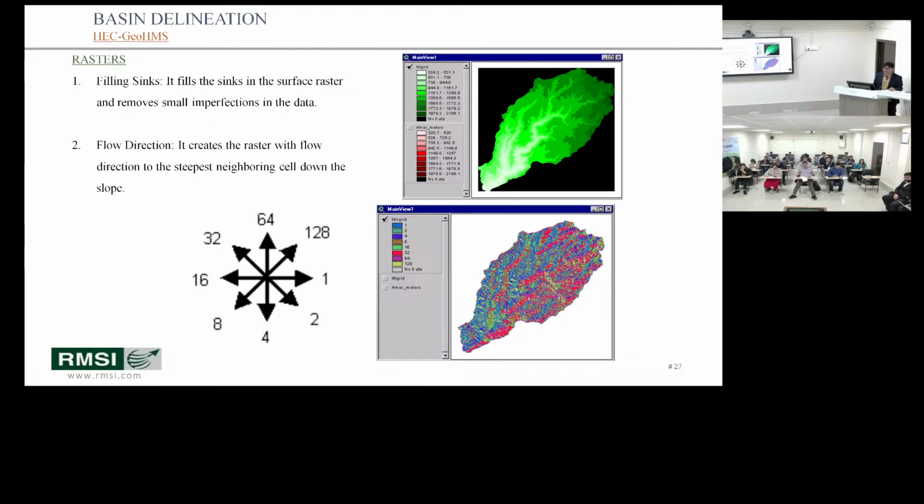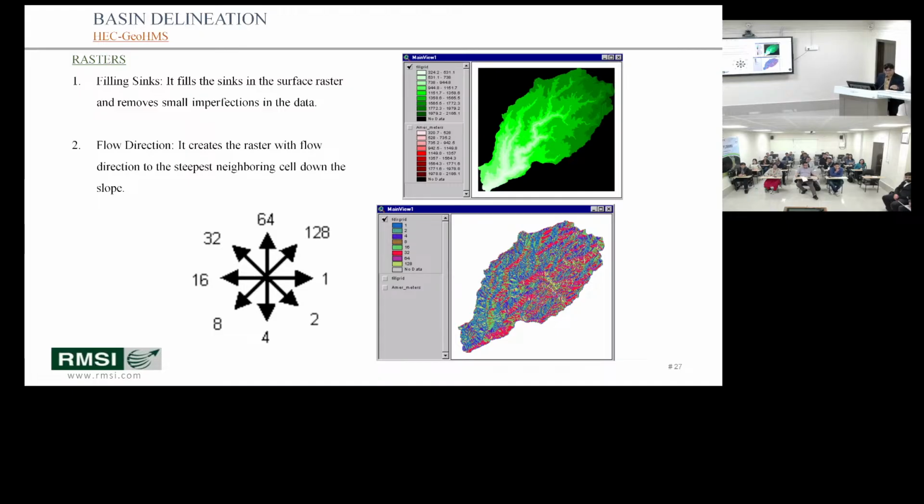Then flow direction is next. You have a number of pixels, 35 meter by 35 meter elevation pixels. Suppose one pixel has an elevation of 45 meter, and the nearby pixels have elevations of 46, 47, and one nearby pixel has an elevation of 40. Flow direction will direct the nearby elevation contribution towards the pixel with the elevation of 40 meter, because it is the lower elevation pixel.